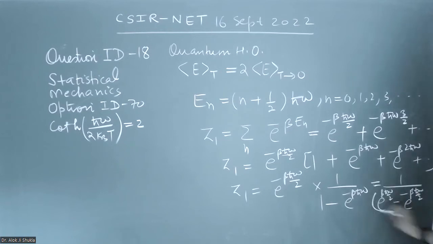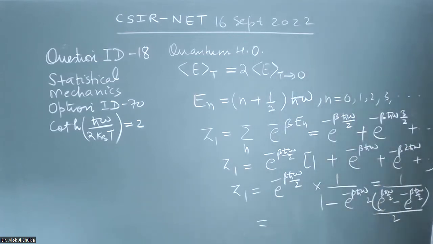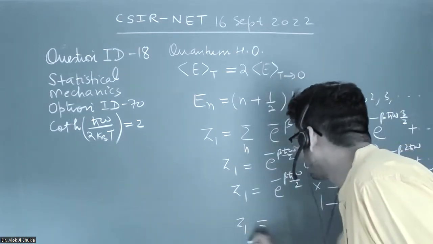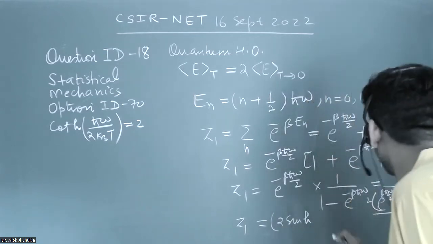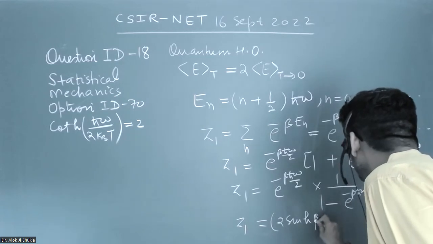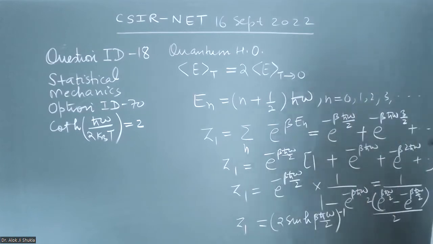Let us divide and multiply by 2 just to make it sine hyperbolic. So I can write Z1 is equal to 2 times sine hyperbolic of beta h cut omega by 2, to the power minus 1. So this is the partition function.